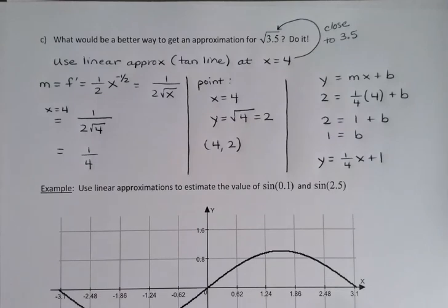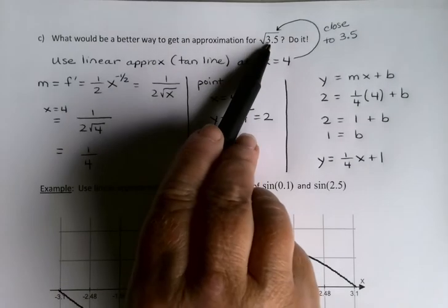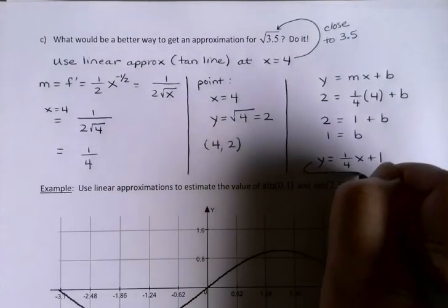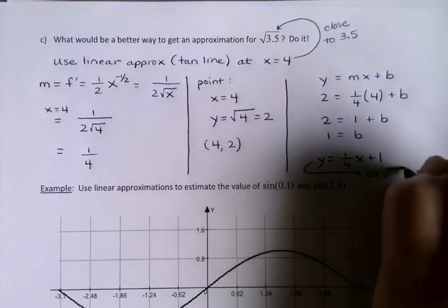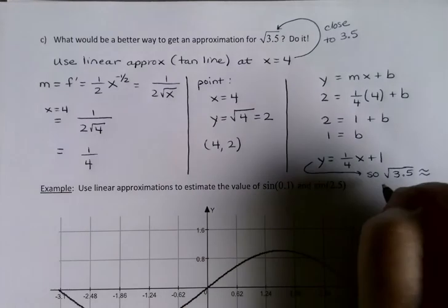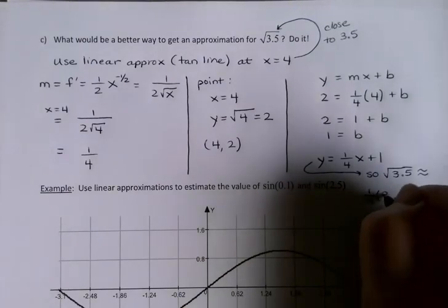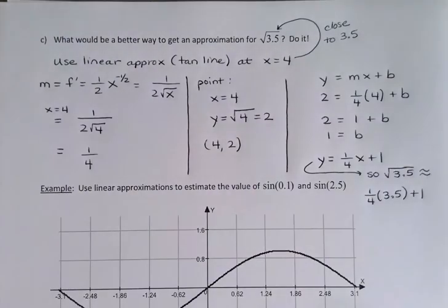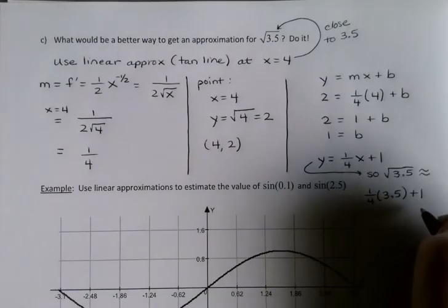Now if I want to actually approximate the value of the square root of 3.5, I probably should have left myself a little more space there, sorry. I can plug the 3.5 in here. So to approximate the square root of 3.5, I'll take 1/4 times 3.5 plus 1, and I get 1.875.